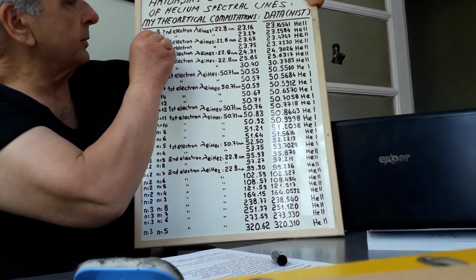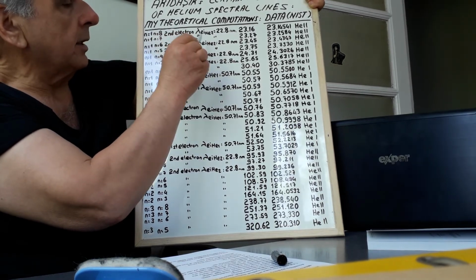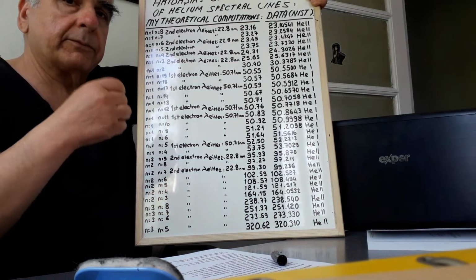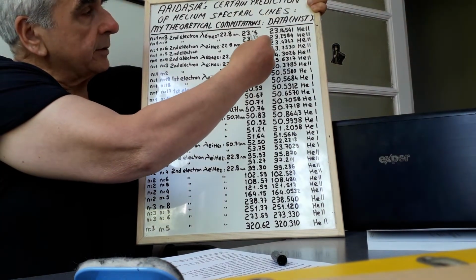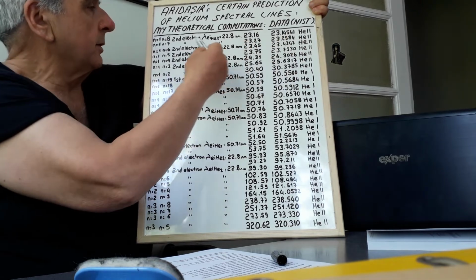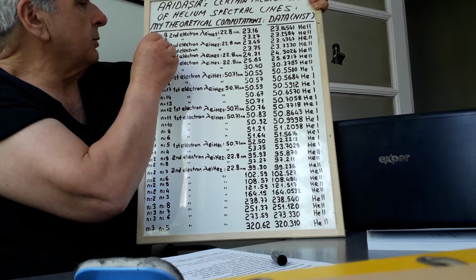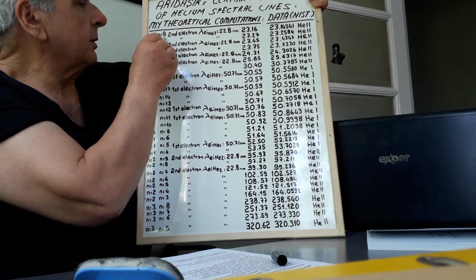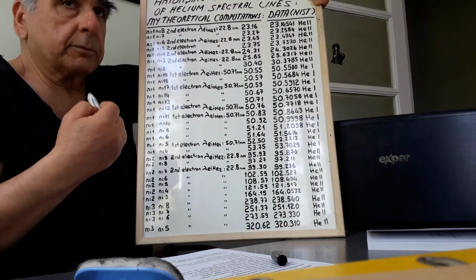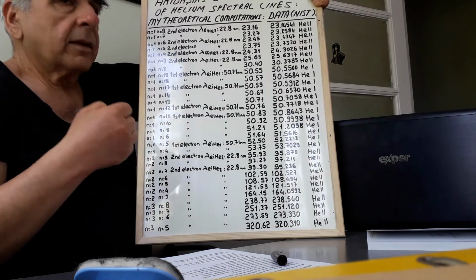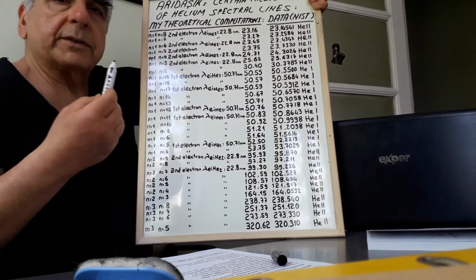I hope you see 22.8, second electron of helium. I count according to my formulas. And this is result, this is data, n equal 1, n equal 8. In my former video, I have explained what is the n.